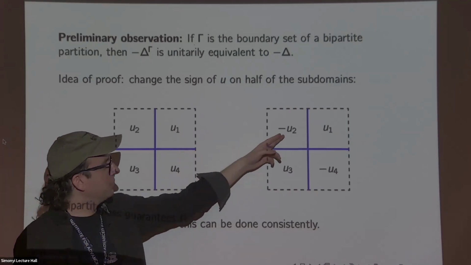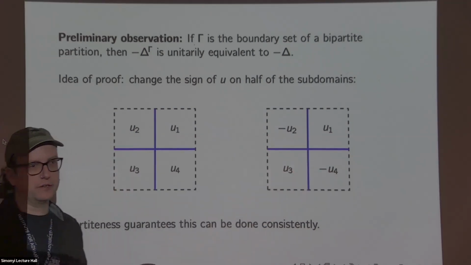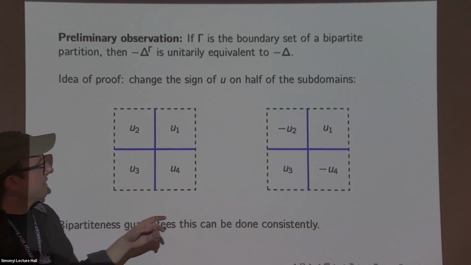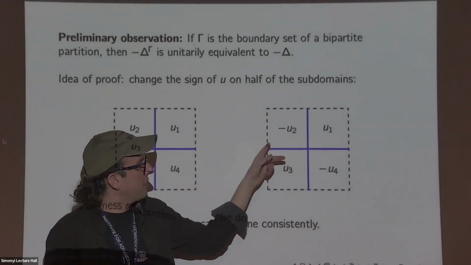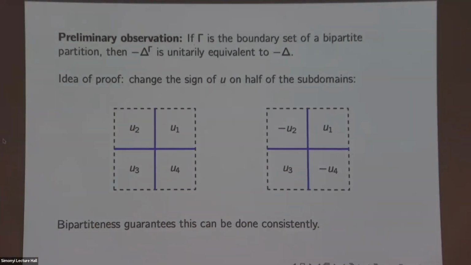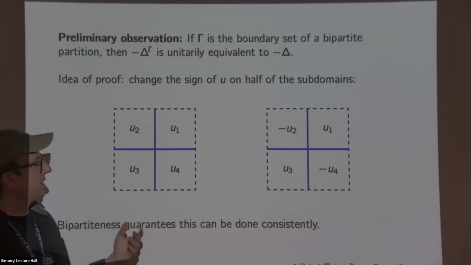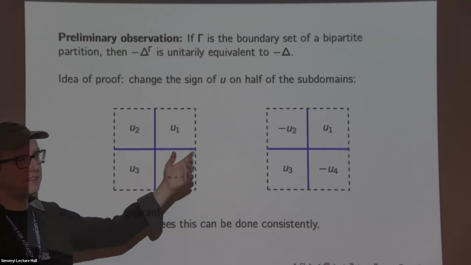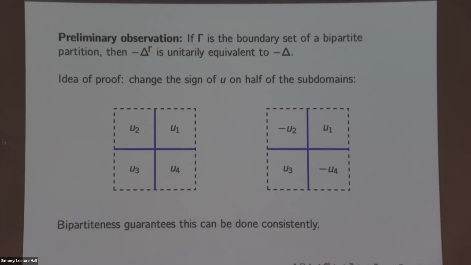So if I change u2 to minus u2, and likewise for u4, now across each of these 4 boundary components, I've changed the sign of u on exactly one side, and so all of my anti-continuity conditions have been turned into continuity conditions. So now I have some function which is continuous across the boundary. It's going to be in the domain of our regular Laplacian.